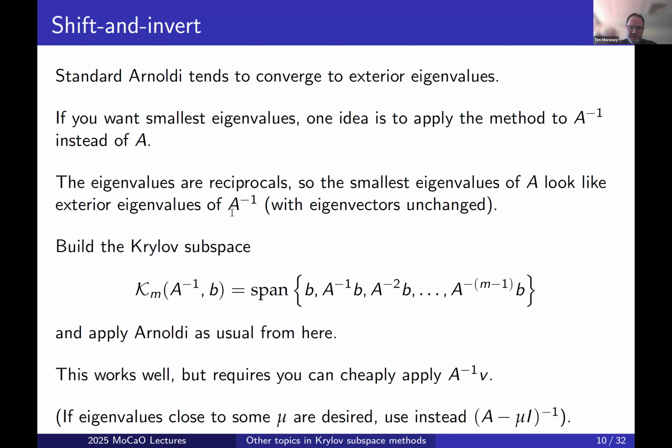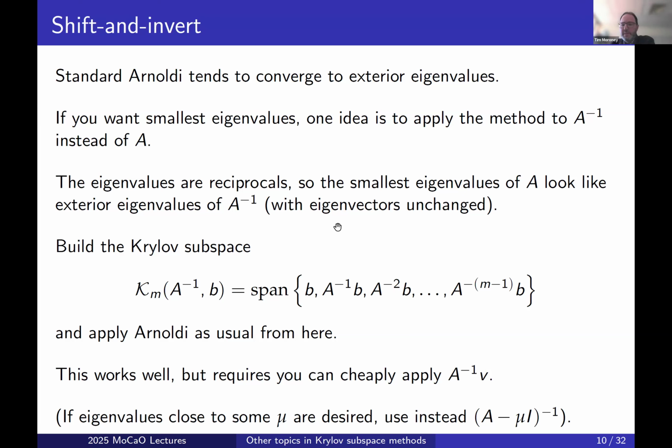Okay, so the eigenvalues are reciprocals. And the eigenvectors don't change at all. So if you want to converge to these smallest eigenvalues, then what about just applying your Krylov method to A inverse instead of A? Okay, and just remember to flip the eigenvalue at the very end.